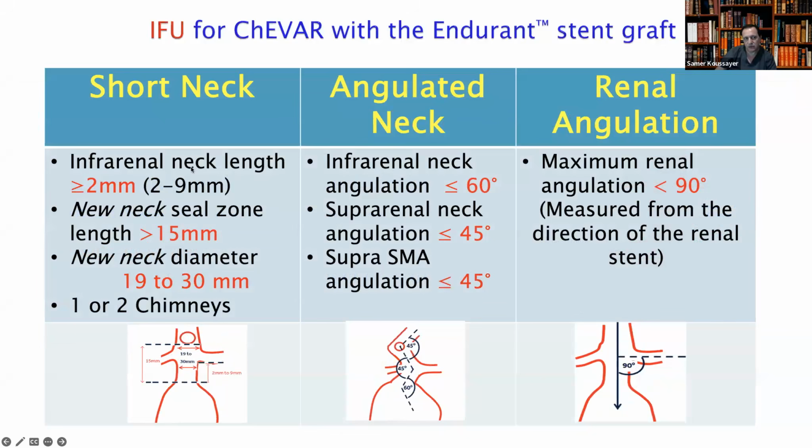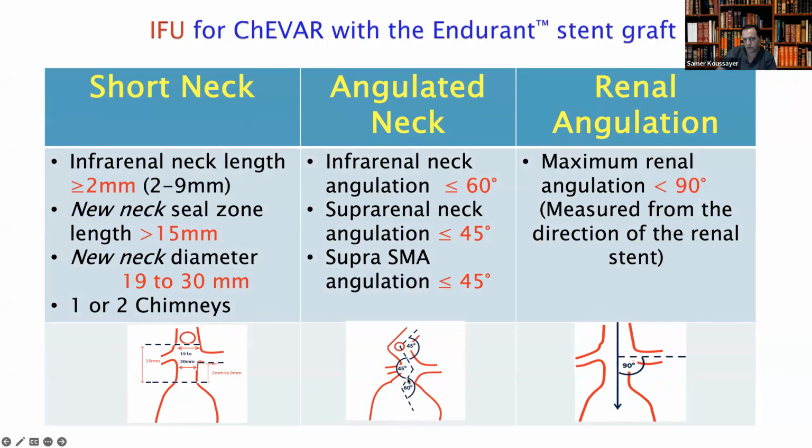The second thing, the angulation. There's a very restricted IFU for ChEVAR. The infrarenal neck length, again, we said 2 millimeters. The new thing, we talk about it here, the angulation. The infrarenal neck angle should be less than 60. The suprarenal angle should be less than 45. And the suprarenal SMA angle should be less than 45.